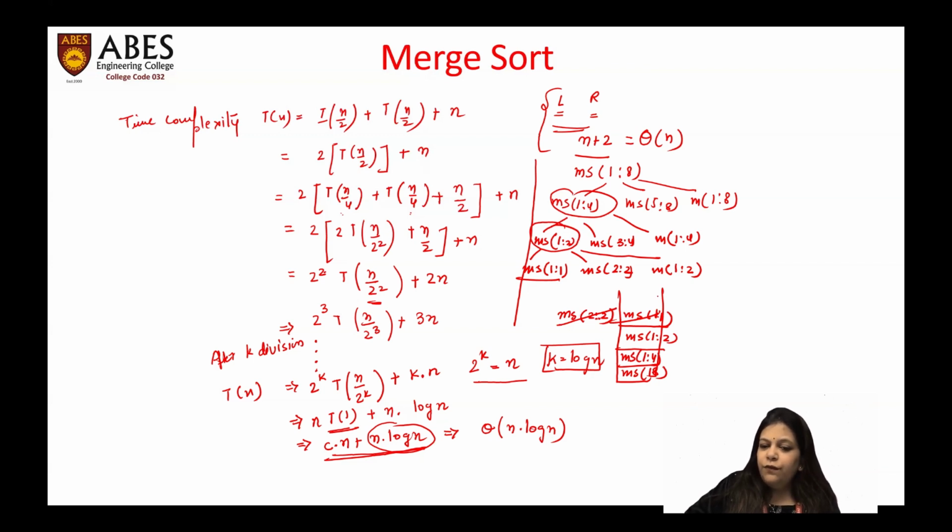Then we execute the merge algorithm, merge 1 to 2. After completing this operation, merge sort 1 to 2 is executed, and this will be replaced by merge sort 3 to 4.